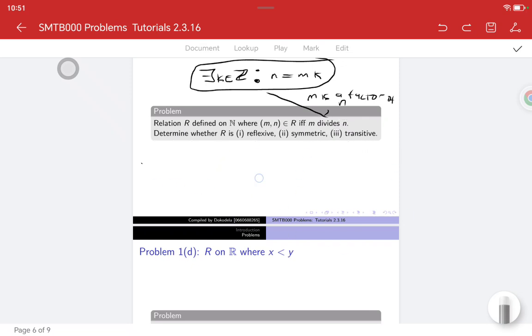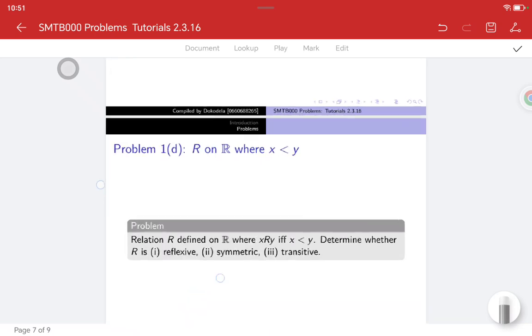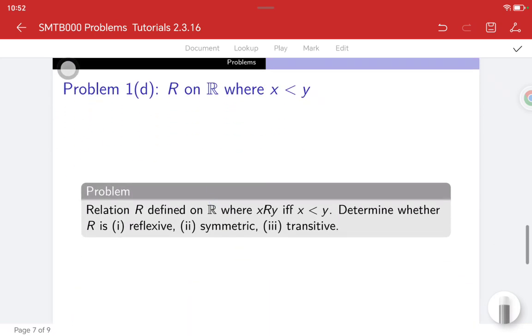Let me erase this. When you come to this one, if we have R on real numbers where x is less than y, we must determine whether R is reflexive, symmetric, or transitive.